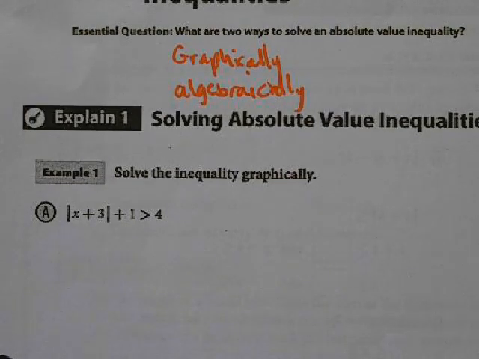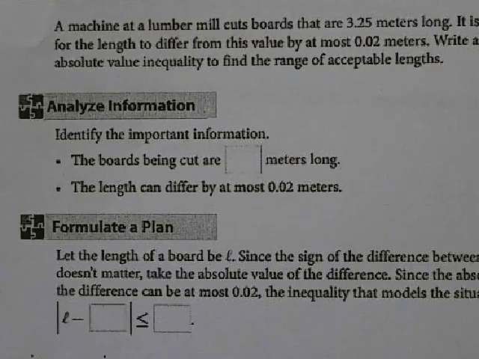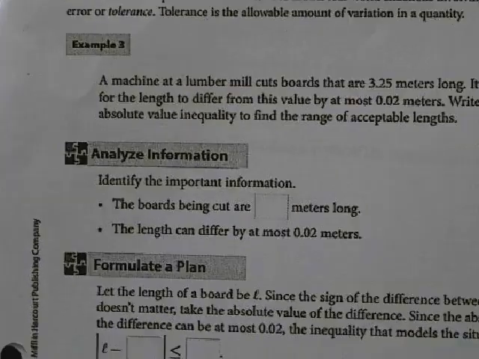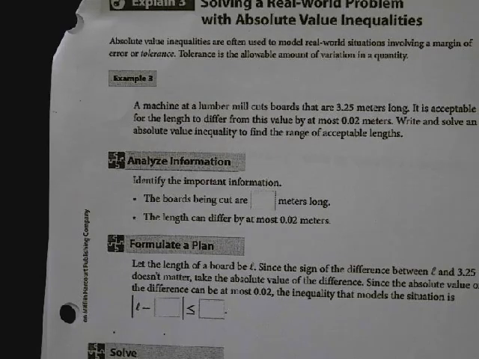Okay. Alright. Now on the note sheet, I need you guys to turn to example 3, or what they call explain 3. We are wrapping up the word problems today. The good news about these word problems is they are a lot easier than the last word problems that we did, because the format is a lot easier.